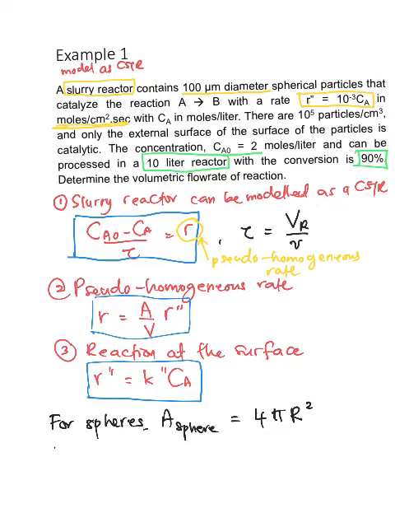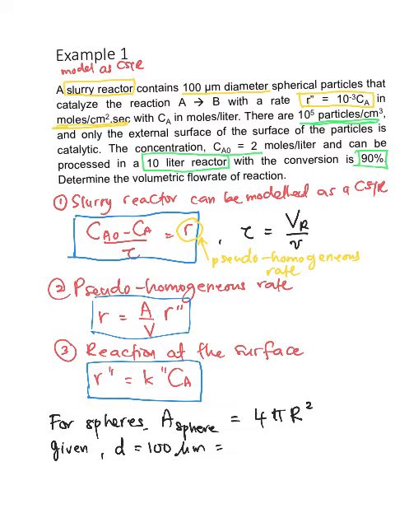Okay, given the diameter of catalyst is 100 micron, then change the unit to cm. Why? Because if you look at the unit of the rate of reaction and also the total particles that occupy the reactor, all are in cm.